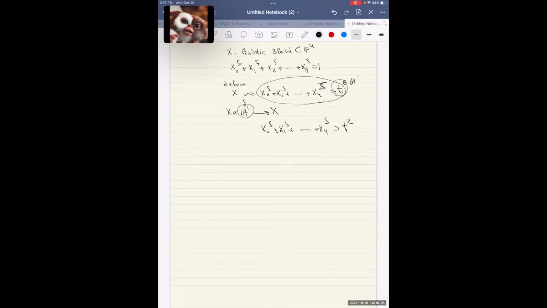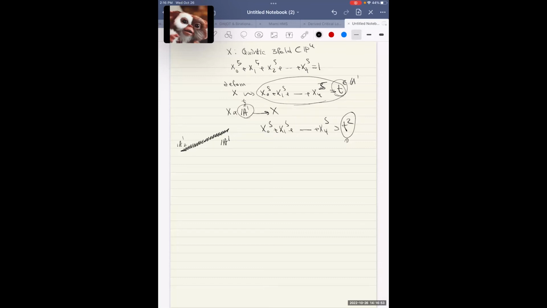Now the point is, for every point of A1, the point associated to T square is a fat point. So the thing that this belongs to is the fat A1. Of course, topologically, it's isomorphic to A1, but algebraically it is a fattening of A1. It's like a degree 2 hypersurface, like that. So this is A1 of order 2.